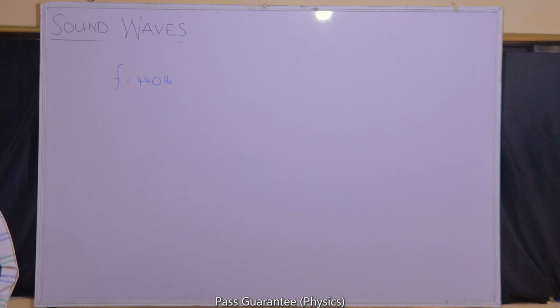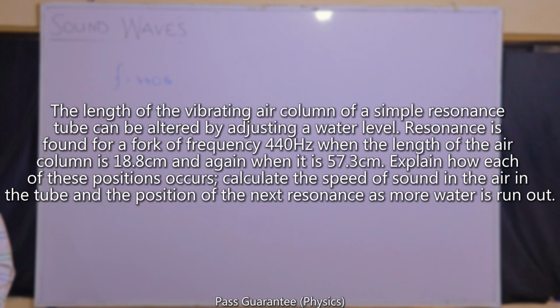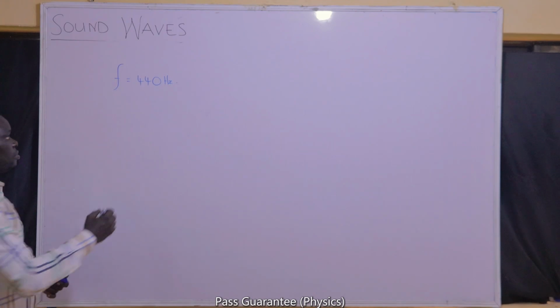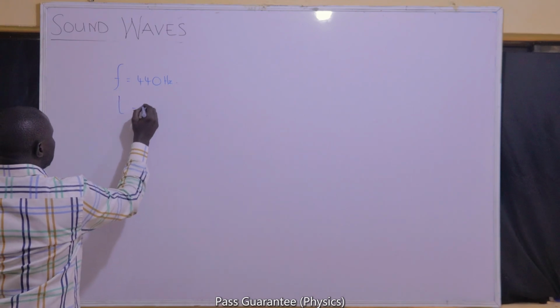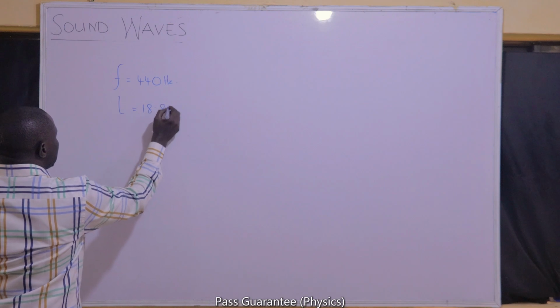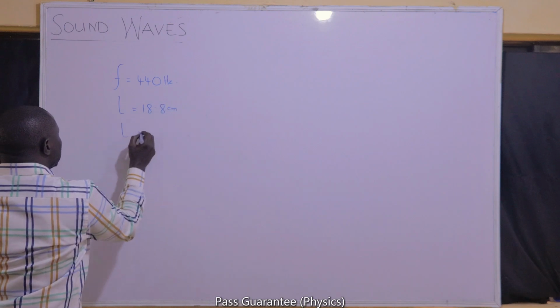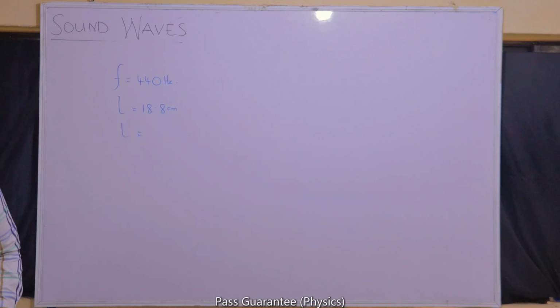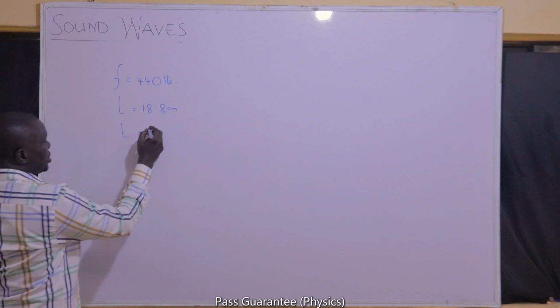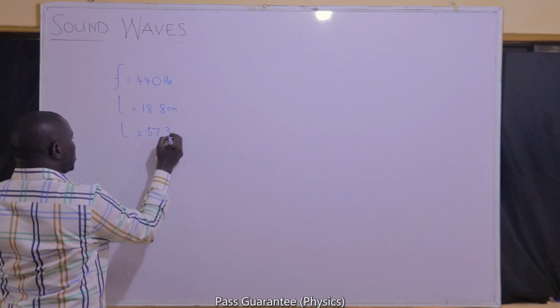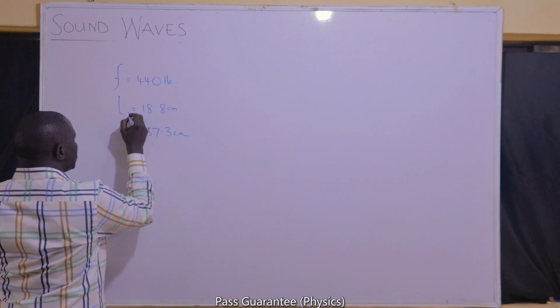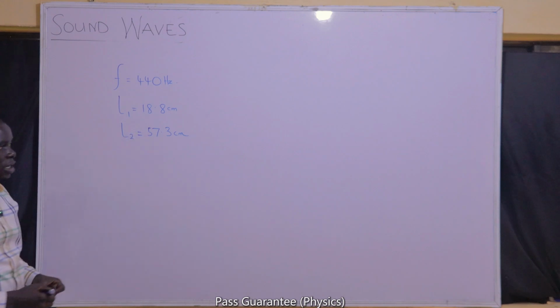Here, we are told that resonance is found for a fork of frequency 440 Hertz when the length of the air column is 18.8 centimeters and again when it is 57.3 centimeters. I'll call this the first resonance position. I'll call this the second resonance position.